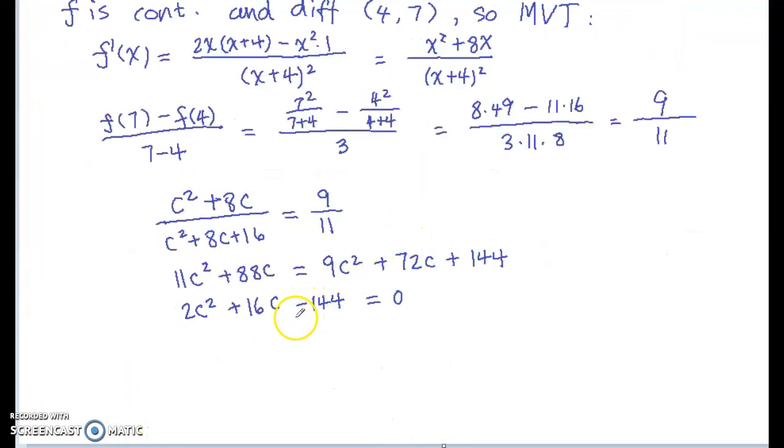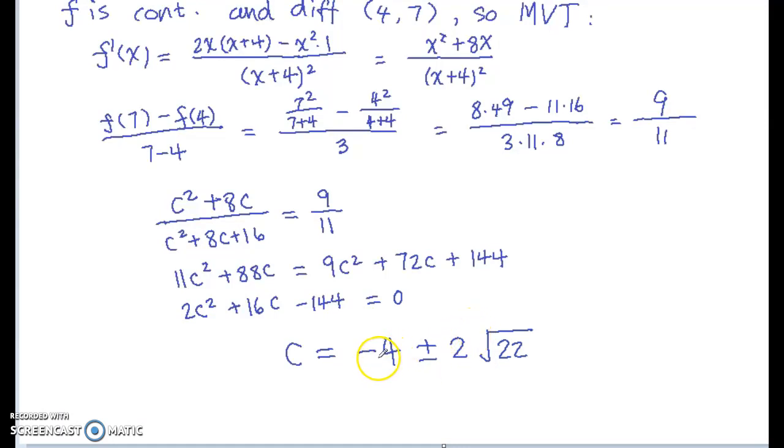Now we see this is a quadratic equation, so we can use the quadratic formula to find the solution. c will equal minus 4 plus or minus 2 times square root of 22. So we get this from using the quadratic formula.